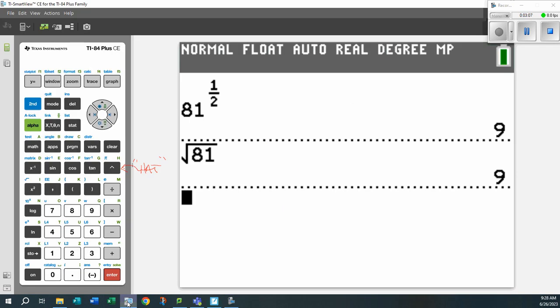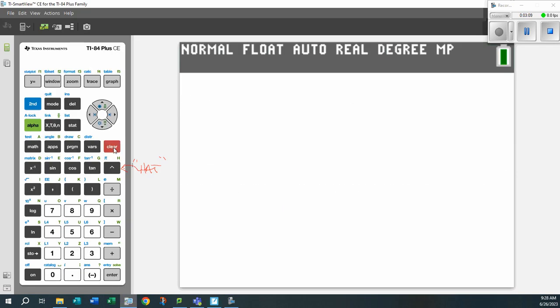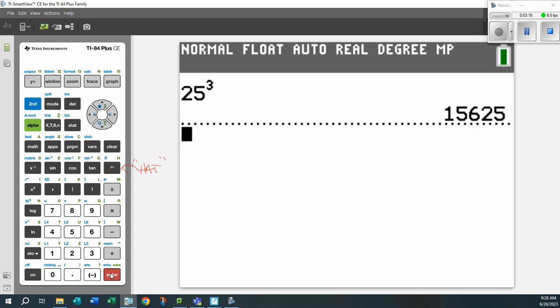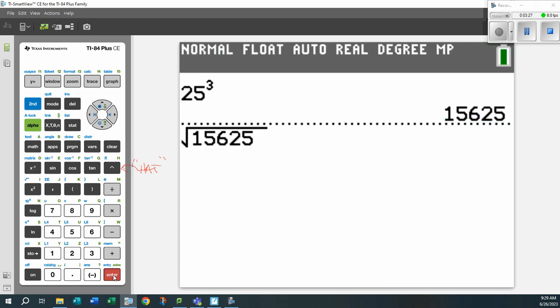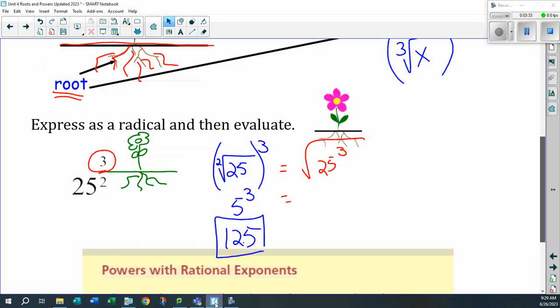Okay, here we go. Come on, calculator. There it is. Clear this out of here. 25 to the power of, I'm going to use that hat button again, 3. Well, that's huge. Oh, my goodness. But now we're going to square root this. Second square root. And don't forget, you've got a history button. All you have to do is mouse up and grab that number. Pop it in there. There it is. Yoink, it's 125. So it doesn't matter if you do the power first.